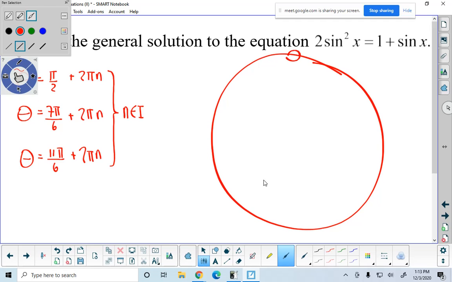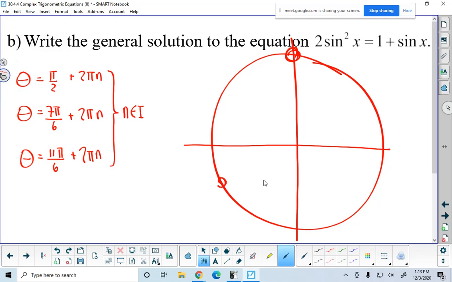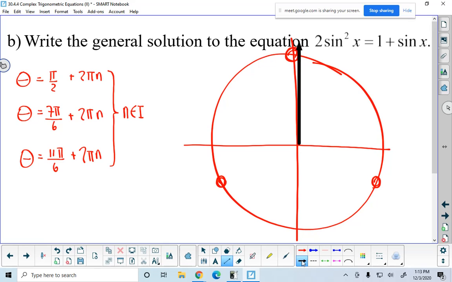We had a position here, a position here, and a position here. This is sometimes called the Hippie equation, because it forms a peace sign. I'm just kidding, it's not called the Hippie equation, but it does happen to form a peace sign.